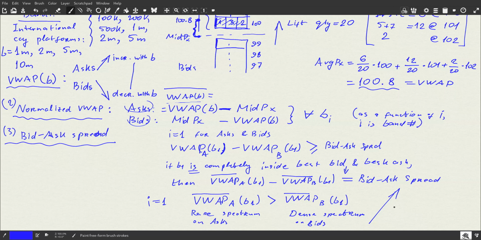So the features are precisely interpreted in this way. Basically, a higher spectrum on the ask side probably means that the price is going to go down, whereas a higher VWAP on the ask side is an indicator of the price probably going to go up.